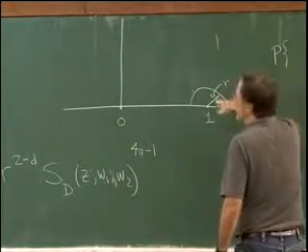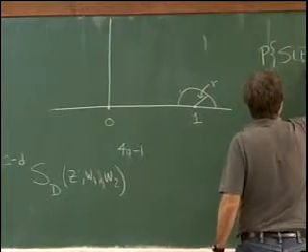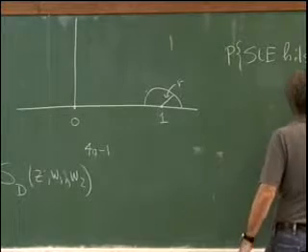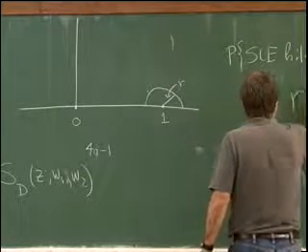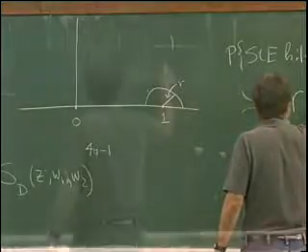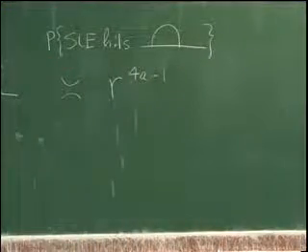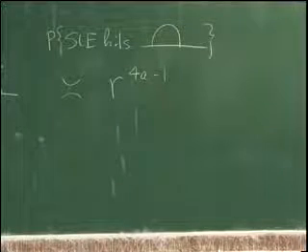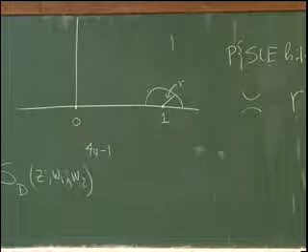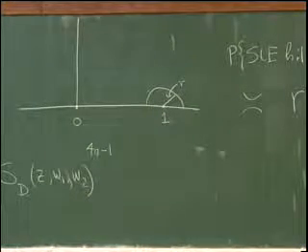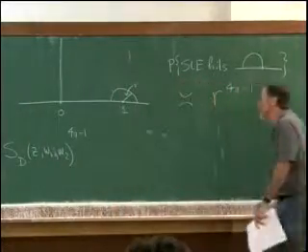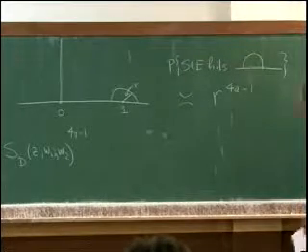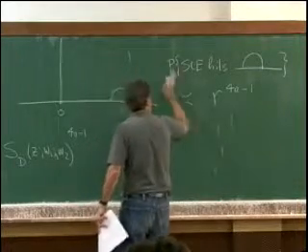Then, assuming, let's say, r is less than or equal to 1/2, the probability SLE hits this half disk is comparable to, in this case, r to the 4a minus 1. That's it.